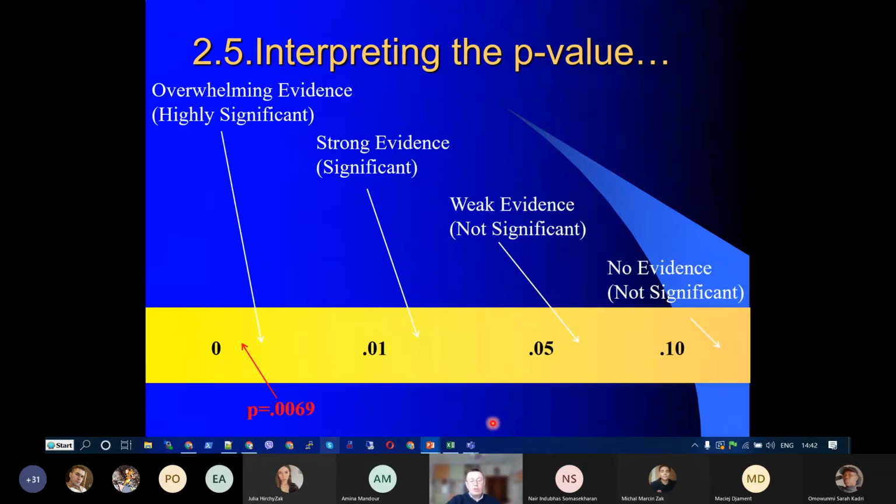And if we have a very low p-value, it's overwhelming evidence that it's highly significant. But again, we have to be very careful, because it could also indicate that our data is overfitted, or that the sample was manually shaped to get the exact result the researcher wants.